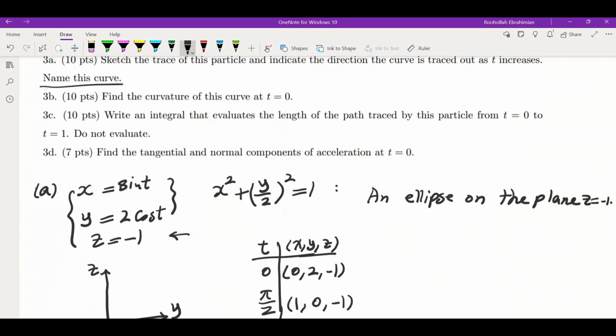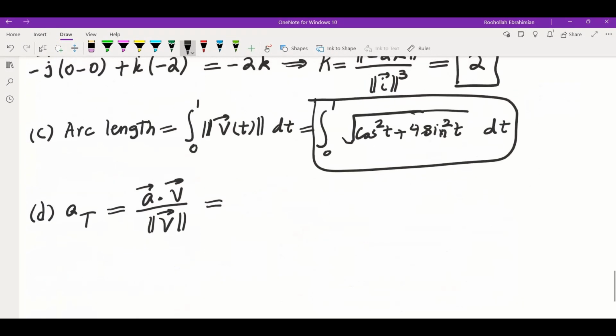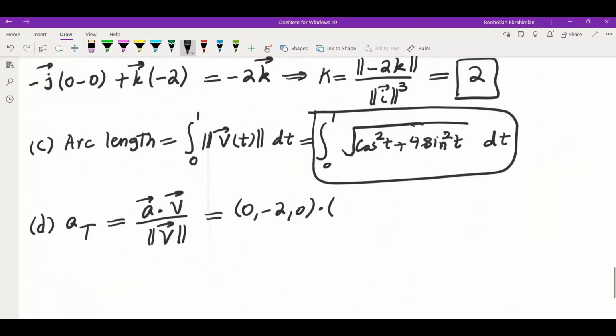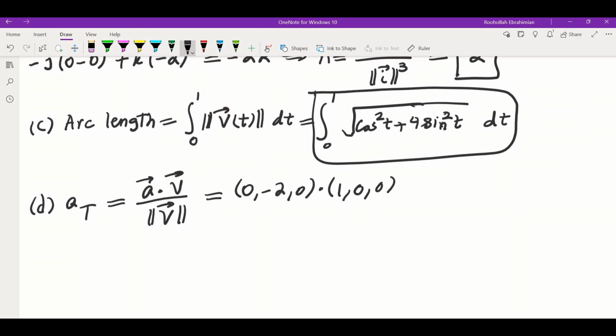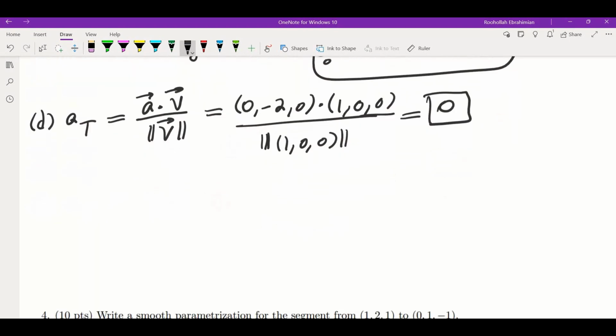They said at t equals 0, so we're going to have to take the dot product of the two vectors 0, -2, 0, and v, which is 1, 0, 0. And then we're going to have to divide by the magnitude of v, which is 1. If you find the dot product of this, we get 0 over 1, which is just 0. So that's the tangential component of acceleration.